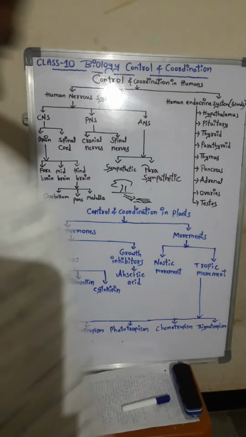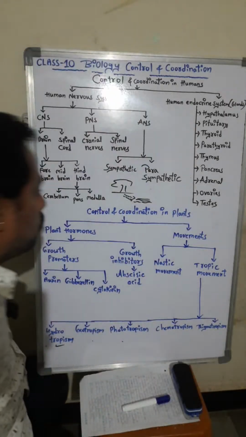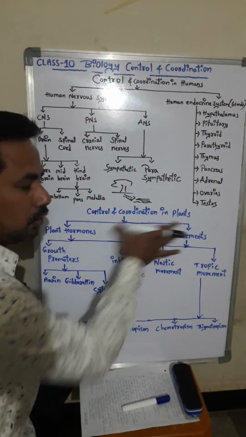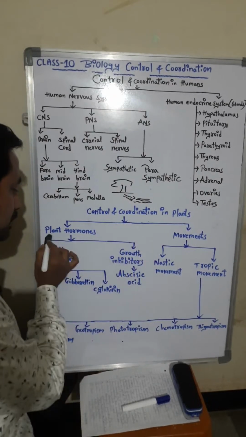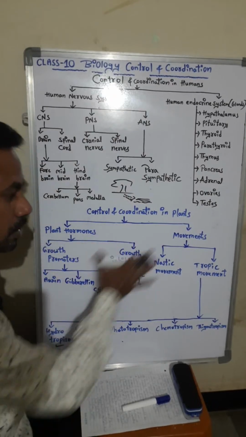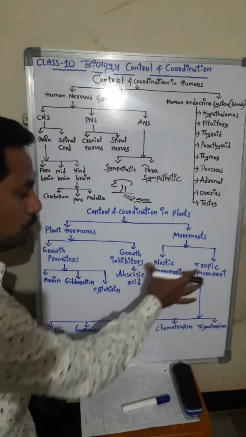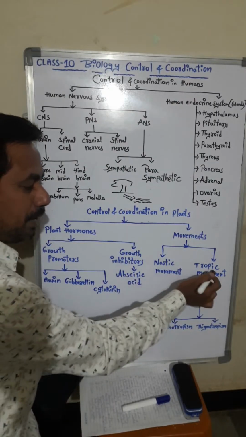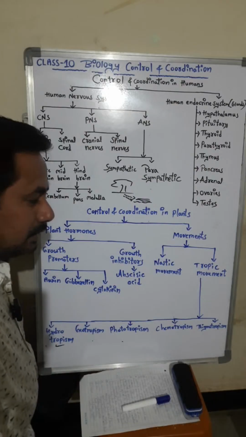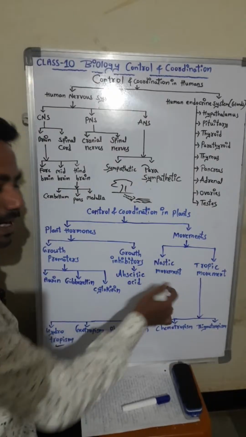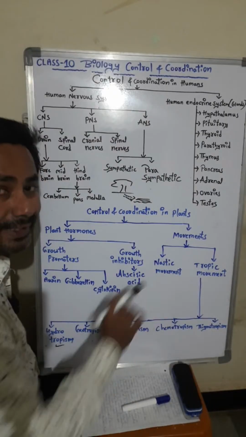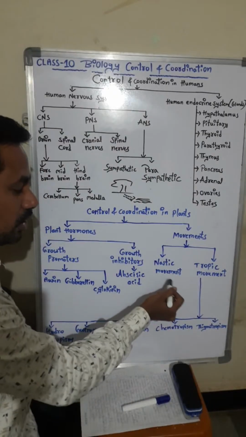Okay, let us see once again control and coordination in plants, students. Two things are there. One is plant hormones will control, and another one is movements. Movements: nastic movement, tropic movement. The leaves will close in the touch-me-not plant; those are called nastic movement. There is no growth in that. Movement is there, growth is not there.